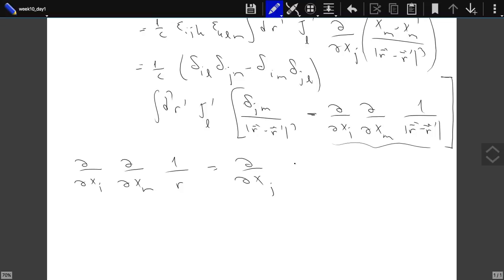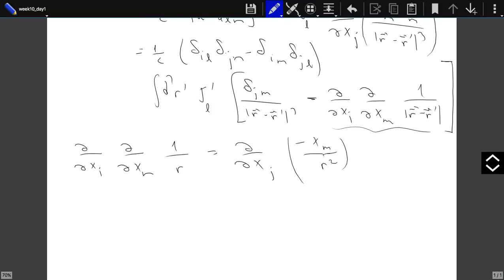Derivative with respect to x m will just give me minus x m over r squared, which is minus Kronecker delta j m, and minus x m times minus 2 over r cubed, x j over r.